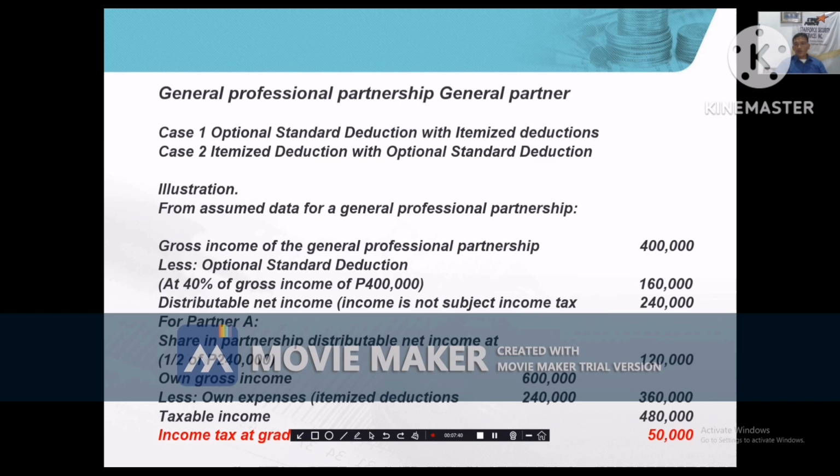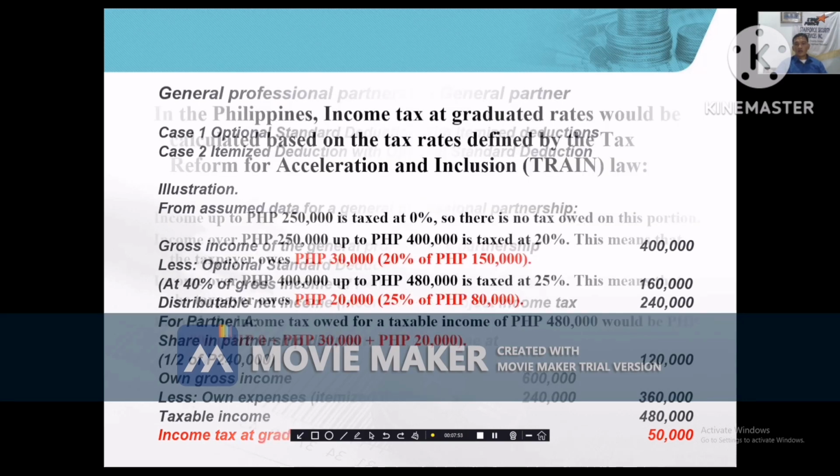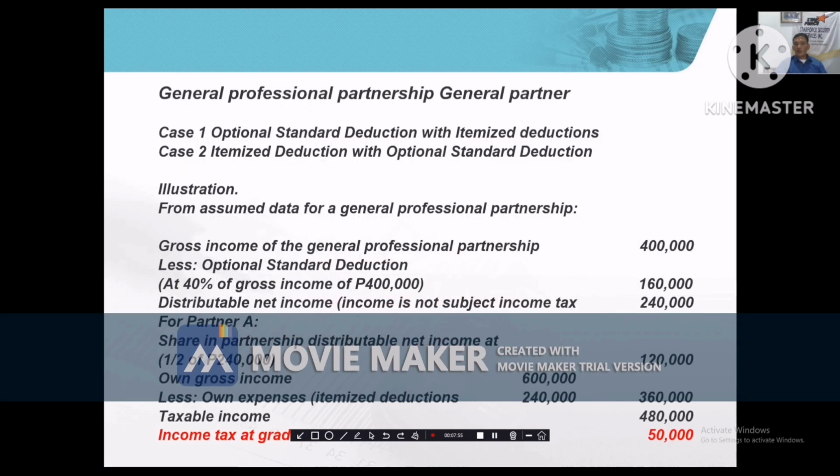Then i-add mo tong 120,000 na distributable net income nila is 480,000, no? So itong 480,000 ito yung tinatawag na taxable income nila. So ang magiging income tax nito at graduated rate is 50,000.